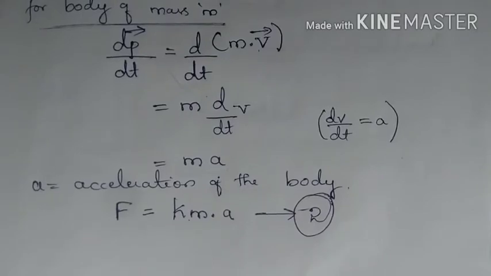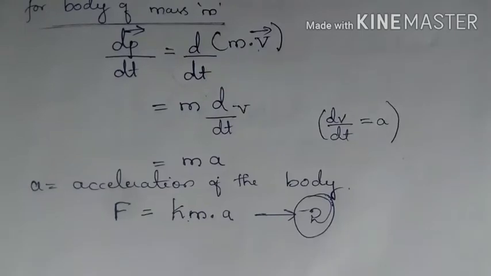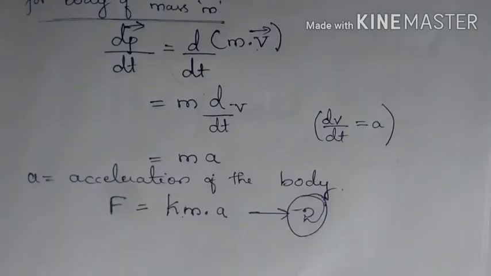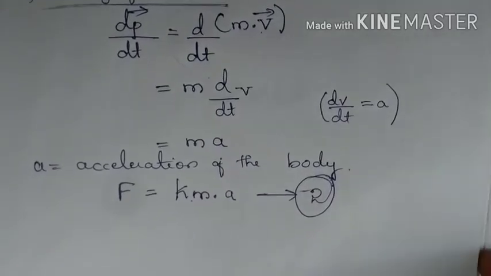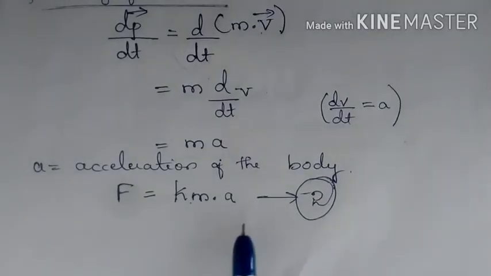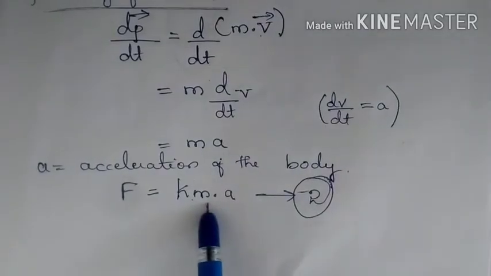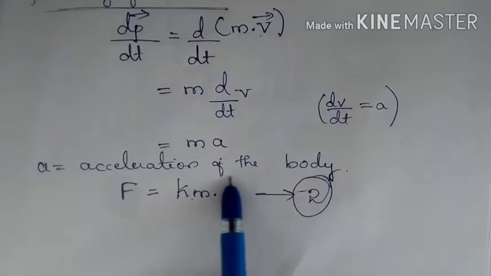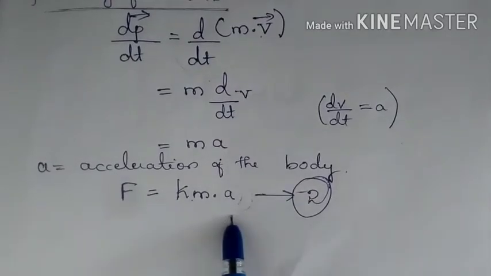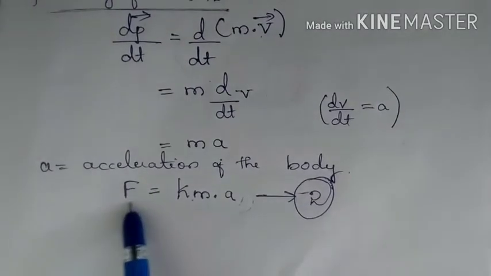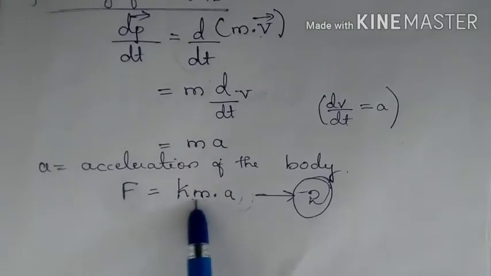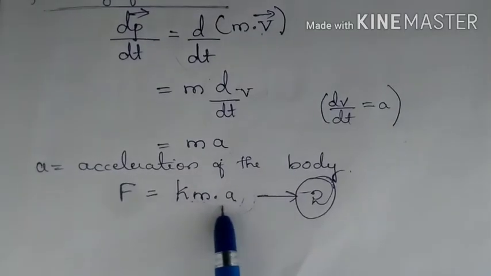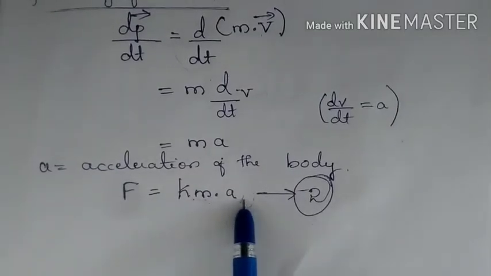This equation, F equals kma, is used to define the unit of force. The unit of force is that force which, acting on a body of unit mass, produces unit acceleration. So F is equal to 1 when the mass of the body is 1 unit and the acceleration of the body is 1 unit.